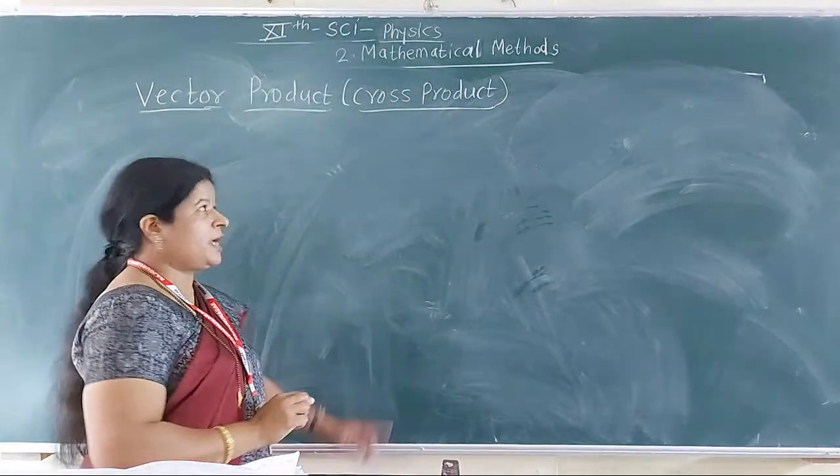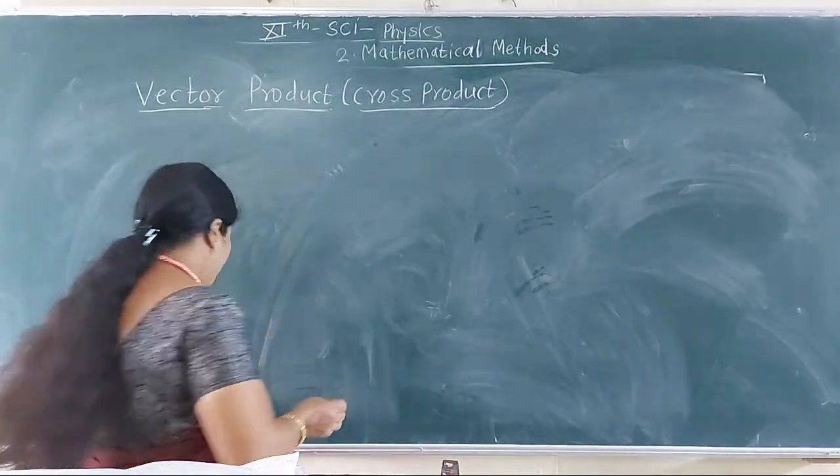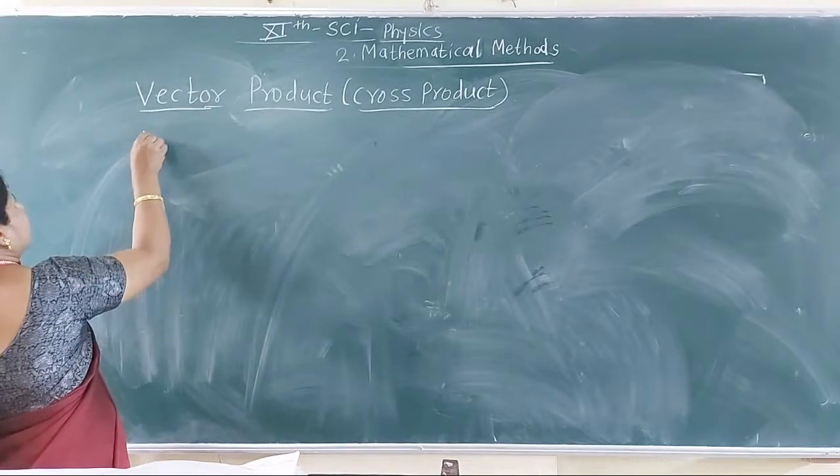Vector product or cross product. Definition.